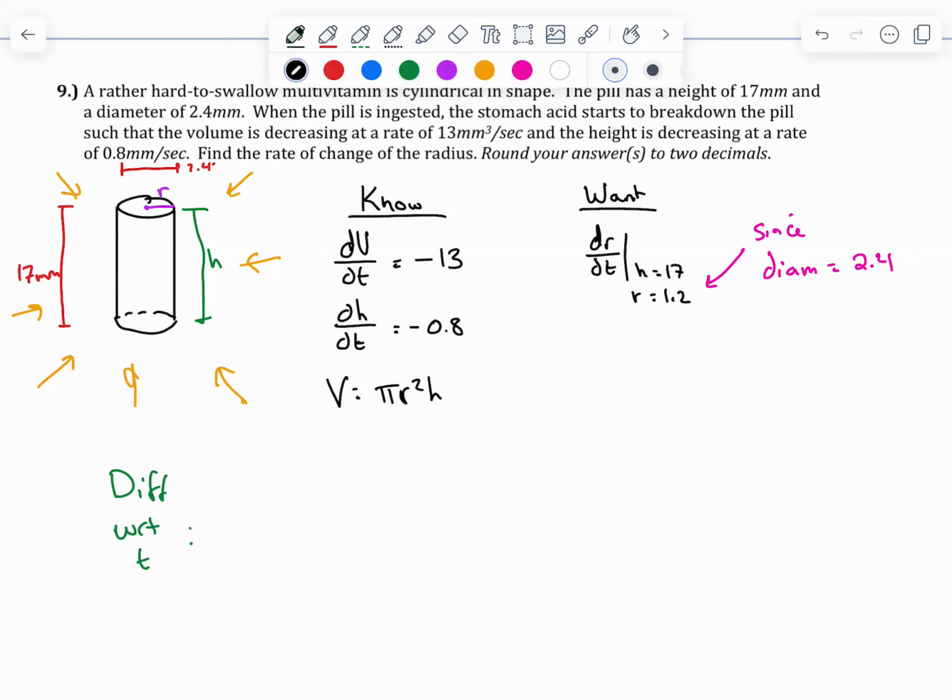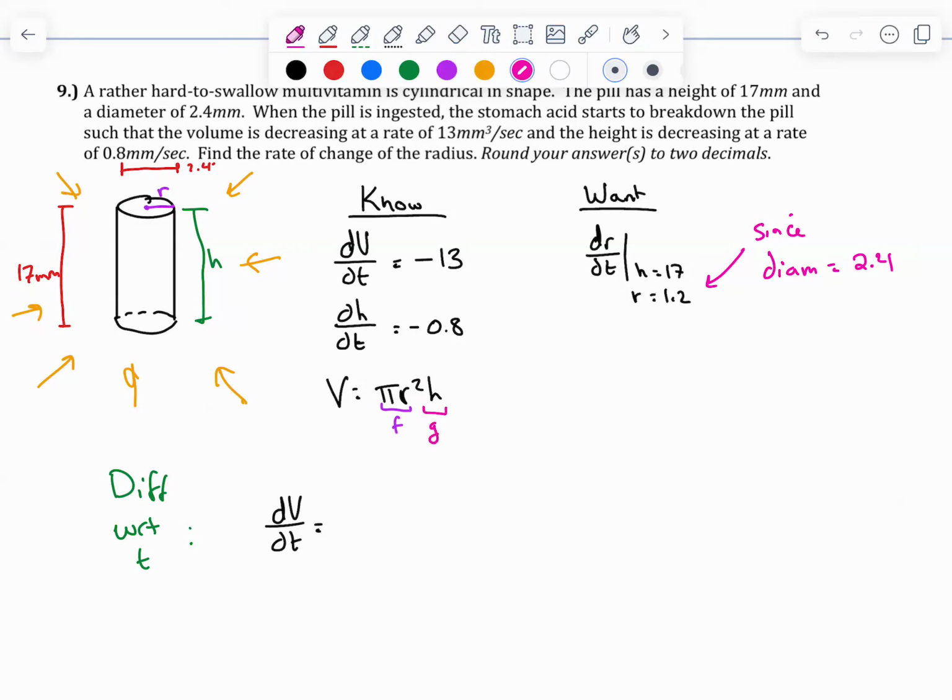The derivative of V with respect to t is just dV/dt. Pi is just a constant. But I suppose we could write it as this is our F and this is our G, because remember, H and r both depend upon t. As time changes, the radius will change and the height will change. So they're both functions.